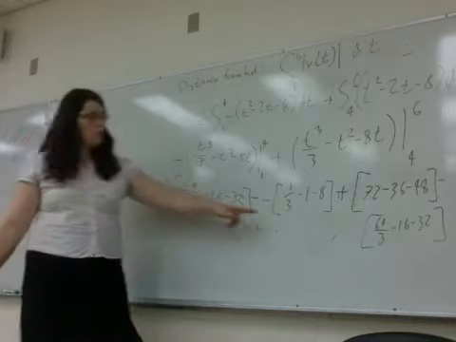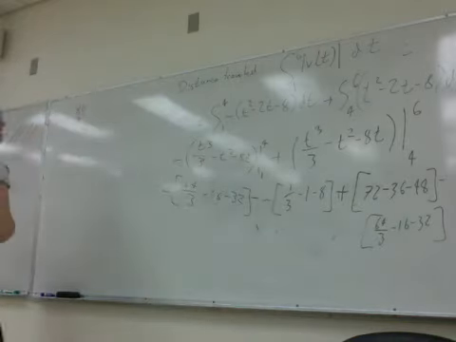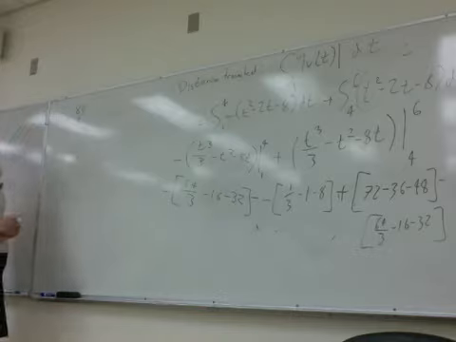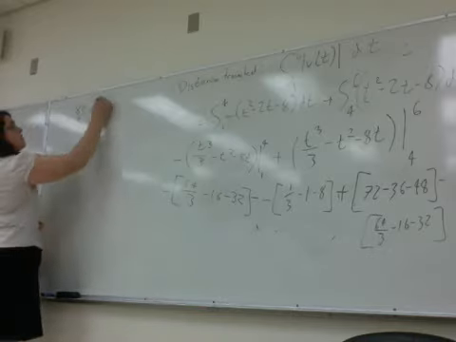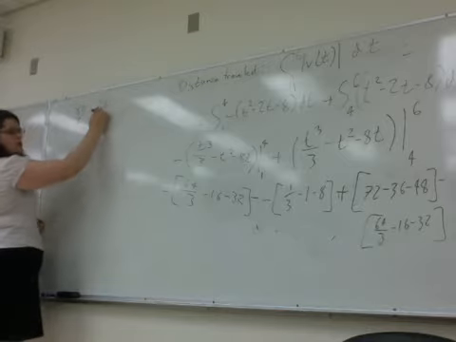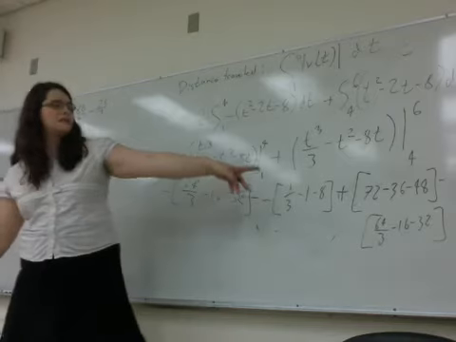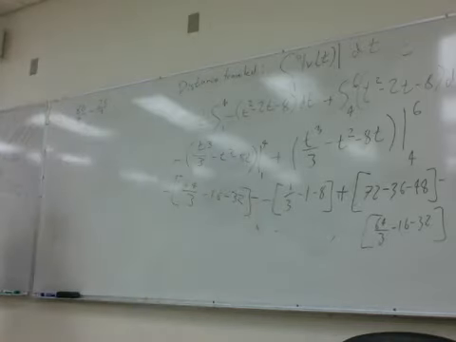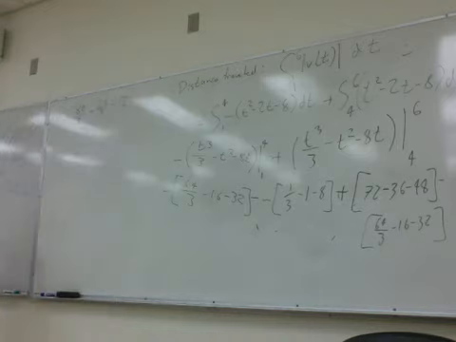This one, 1/3 minus 1 minus 8 is negative 26 over 3. This one, 72 minus 36 minus 48 is negative 12.